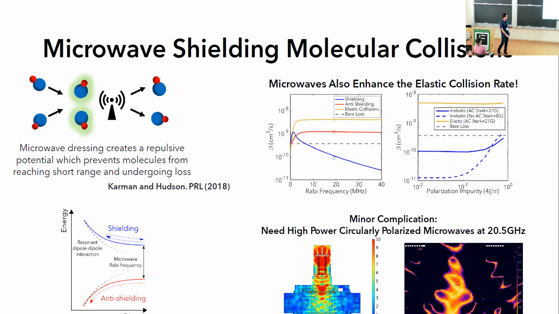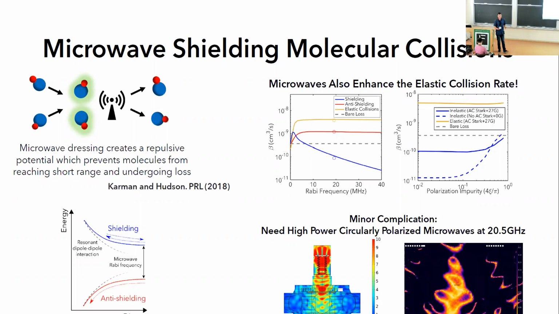And one of the very nice things about this microwave shielding scheme is that not only does the inelastic rate get suppressed by this shielding, the elastic rate actually increases by almost an order of magnitude. So if you want to do, for example, further evaporative cooling of these molecules, this is of course very useful because you want the highest possible ratio of elastic to inelastic loss.